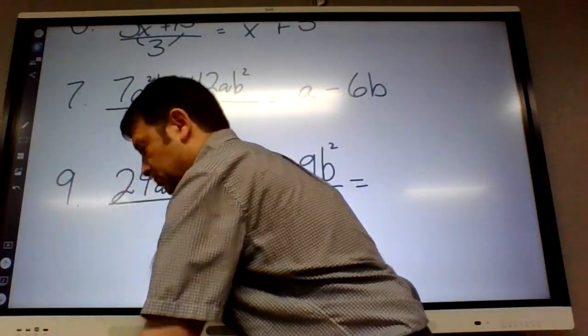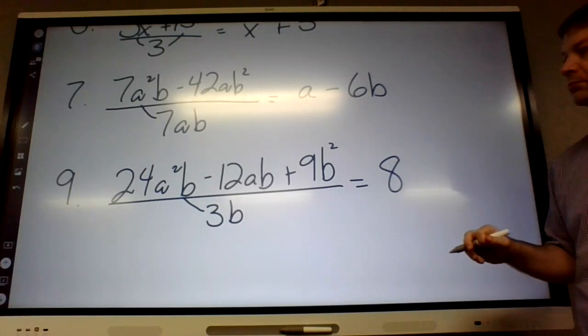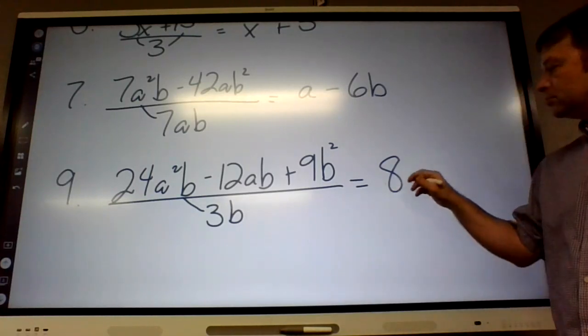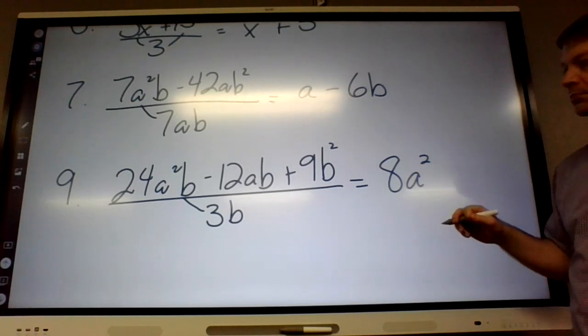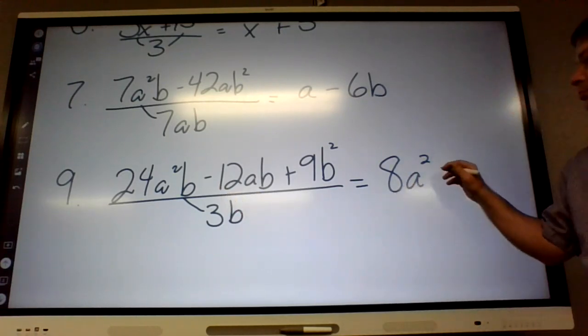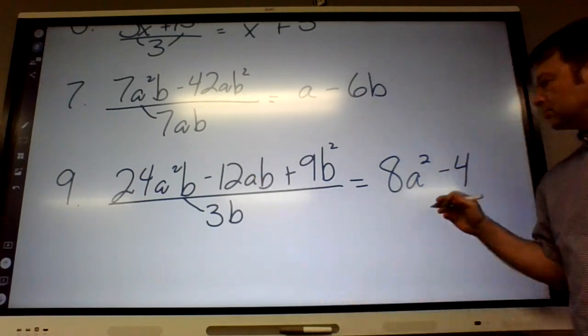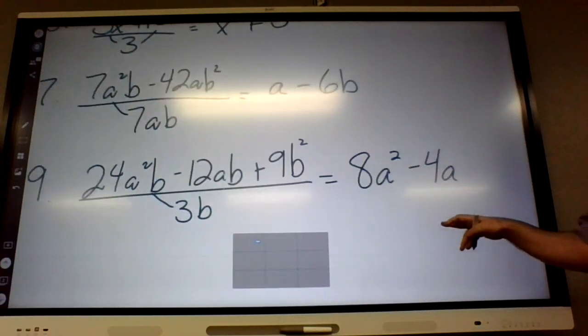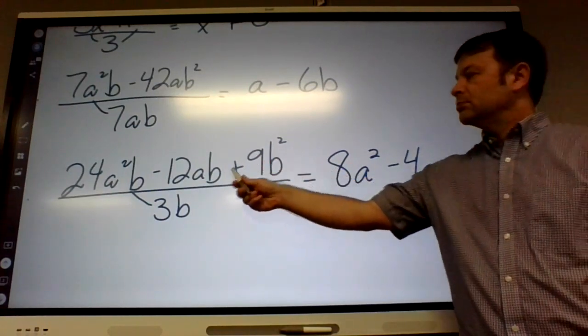Could be 8. Then it'd be a squared. And then the b would cancel out, so it'd be -4. Then it would be a, and then the b would cancel out again, but it'd be +3. And then it'd be b.